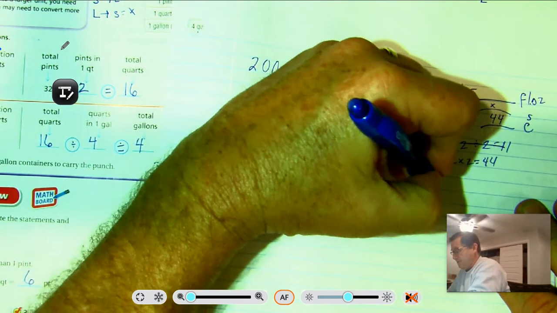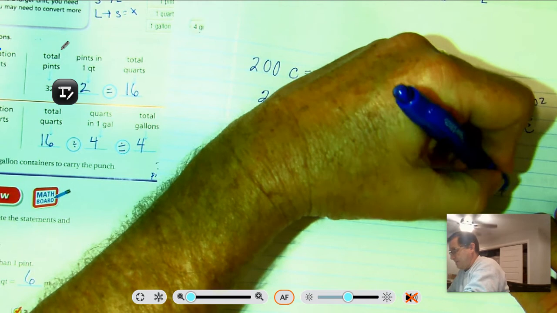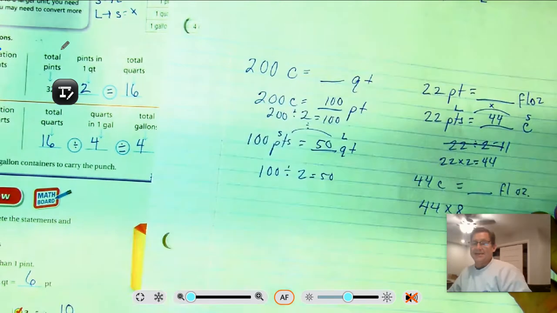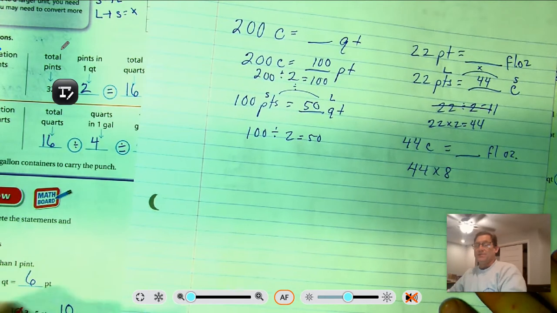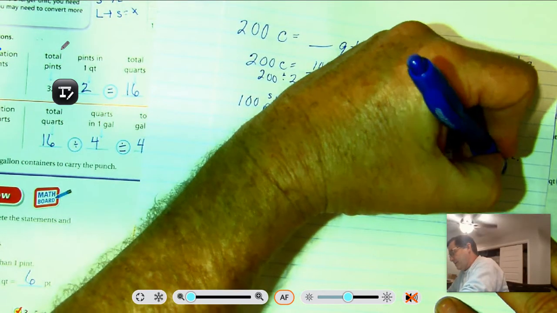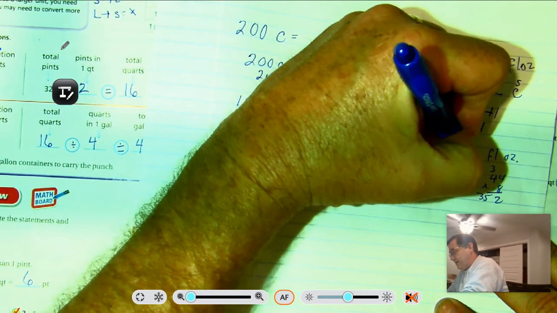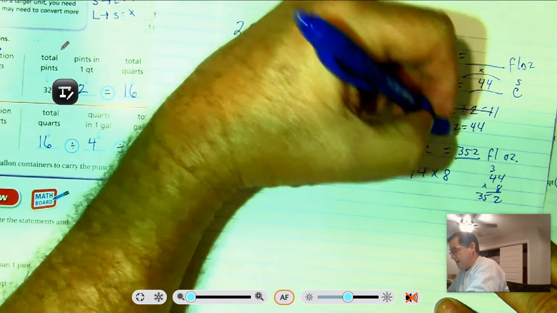Now, 44 cups changed into how many fluid ounces? 44 times 8, because there's 8 fluid ounces in every cup. 44 times 8, 352 fluid ounces.